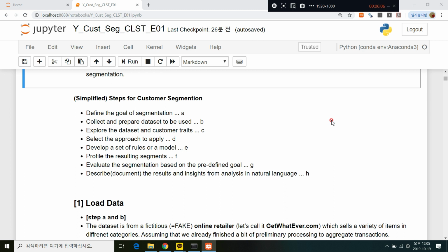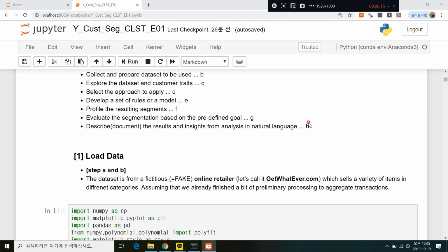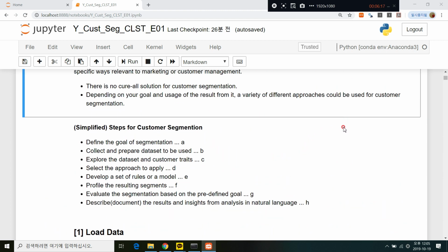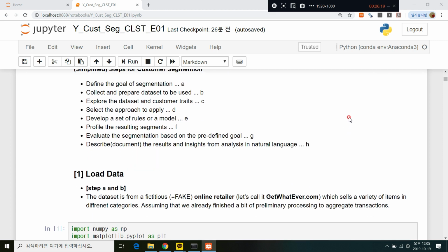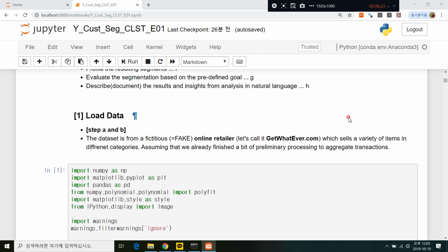Making it easy to understand is very important here in the last step. Okay, well then, let's start to talk about the process with some example data.